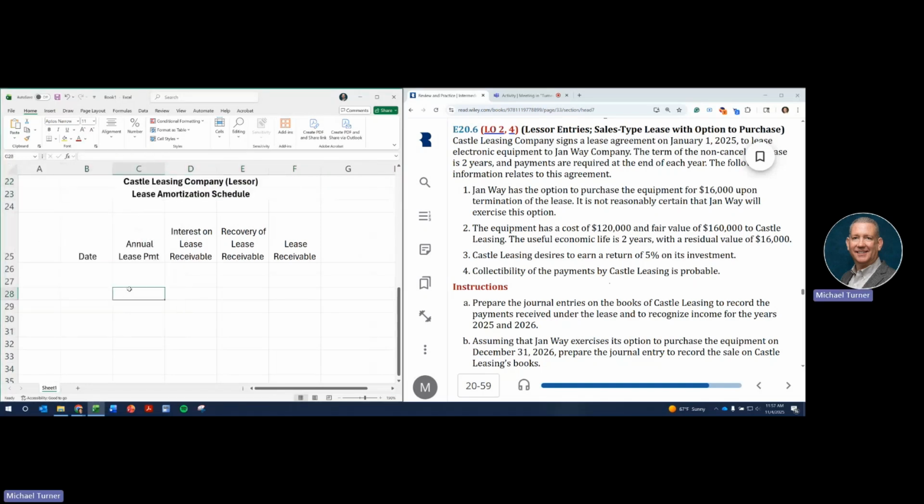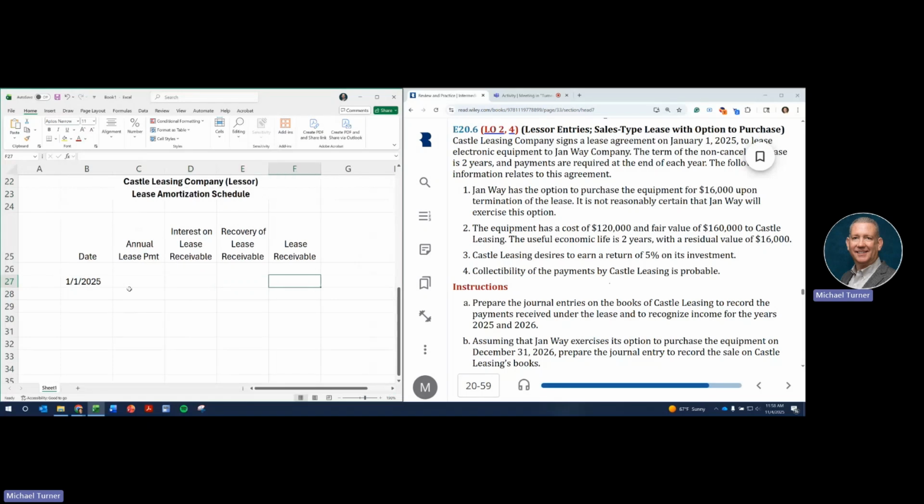Lease amortization schedule, rather. Okay, so our date, we know our lease begins on January 1st, 2025. So we'll start with that date. There's no lease payment that's made that day. There's no interest that's recorded. There's no recovery of lease receivable yet.